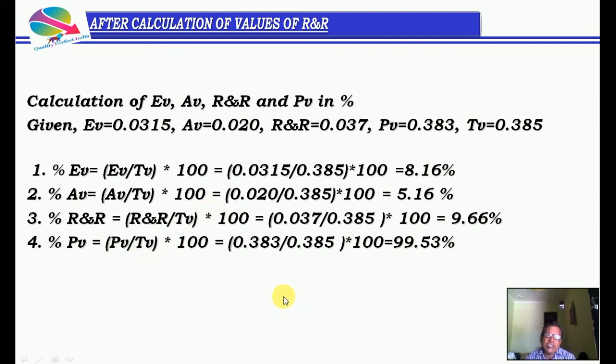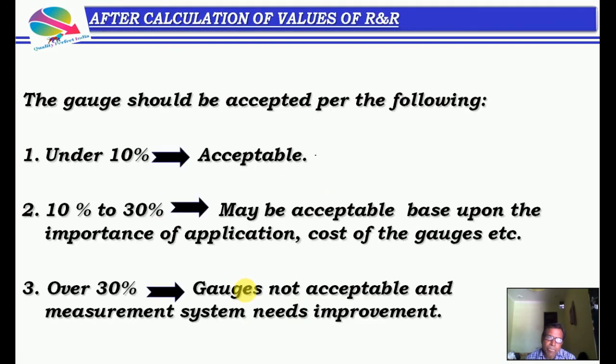Now let us see what the acceptance criteria is. If gauge R and R value comes under 10%, the gauge is acceptable. And if the value of gauge R and R comes between 10 to 30%, the gauge may be acceptable based upon the importance of the application, cost of the gauge, etc. And if the value of gauge R and R comes over 30%, the gauge is not acceptable and the measurement system needs improvement.